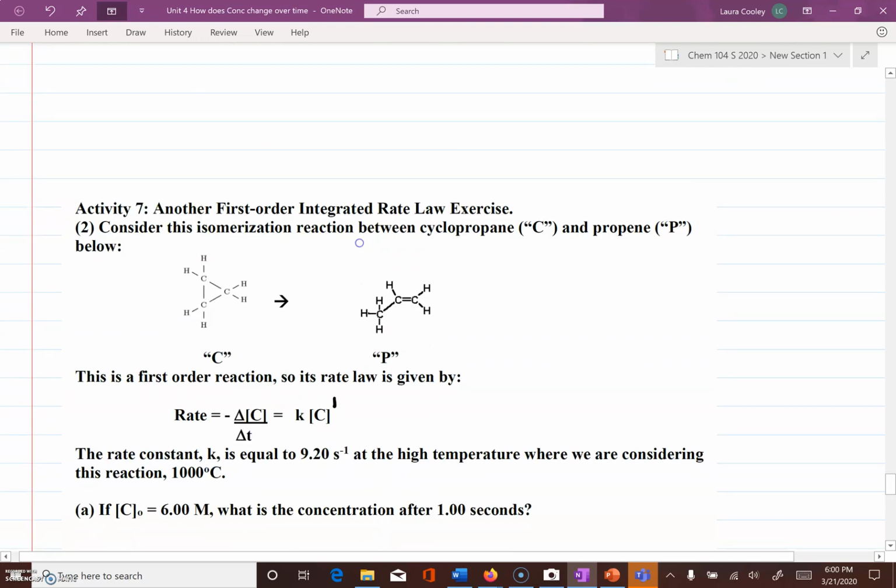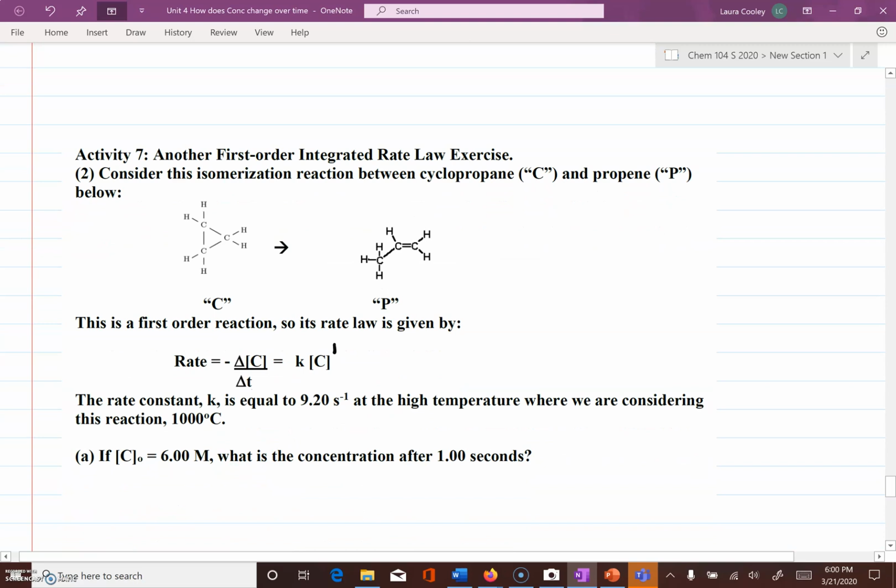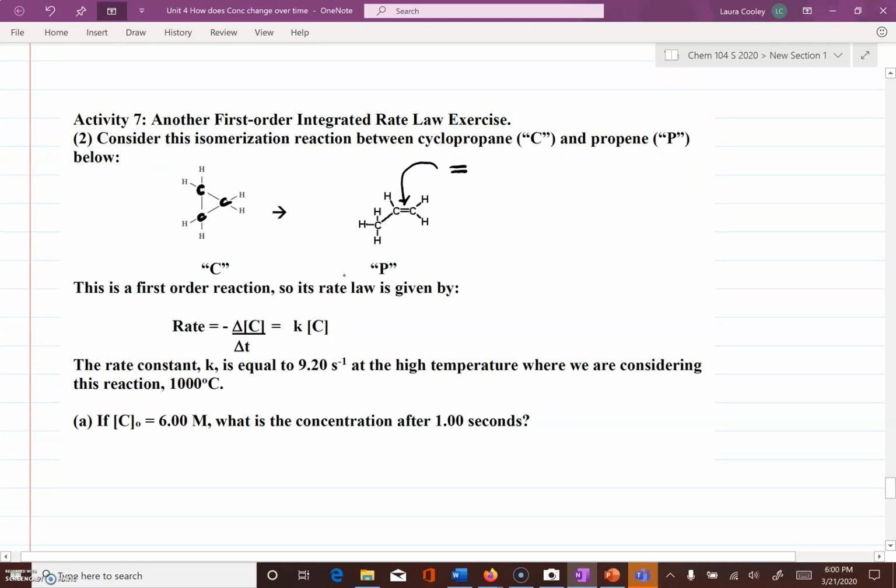So here's another problem. It's a reaction of this cyclical carbon, this 3-carbon cyclical compound. Carbons are bonded together in a ring. And so you go from cyclopropane to propene. There's a double bond there. That's why this is propene and not propane, which you'll learn more about when you take organic chemistry. So here is the first order rate law.